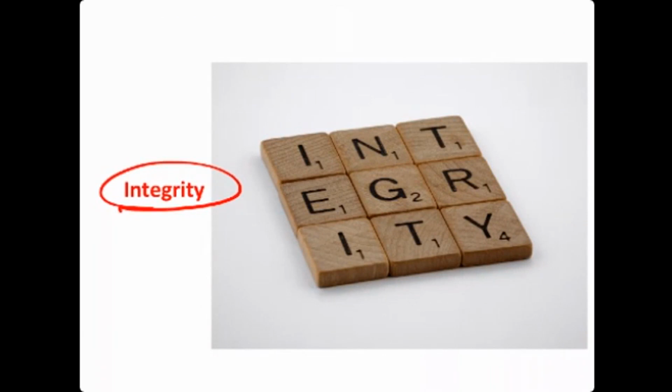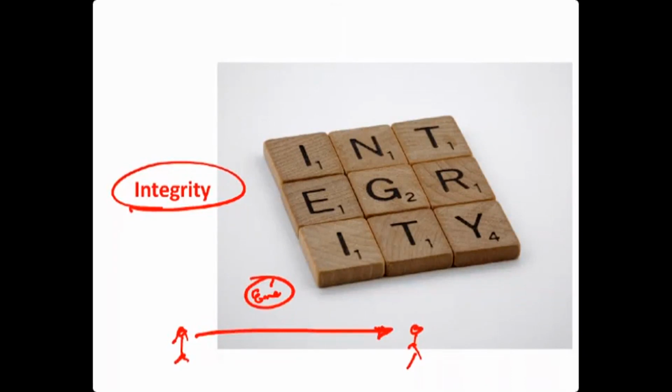Integrity means that Alice is sending something to Bob, some very important communication, maybe some personal message, something like I love you or whatever. And Eve actually doesn't like this relationship.